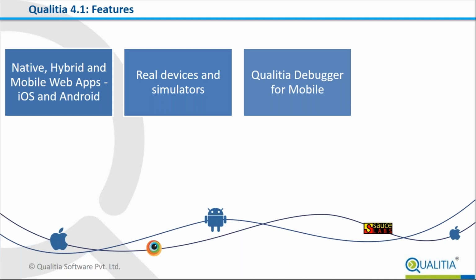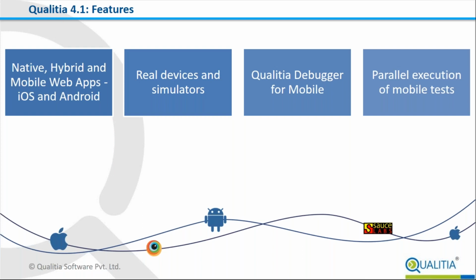In addition to all the other capabilities of Qualisha's platform, in this 4.1 release, we have introduced Qualisha Debugger for mobile as well, just like we have one for desktop web today.